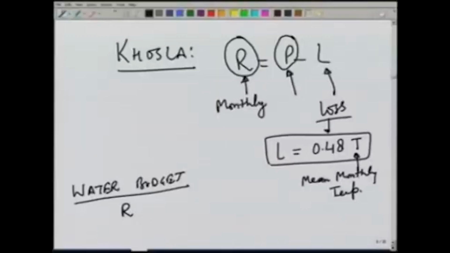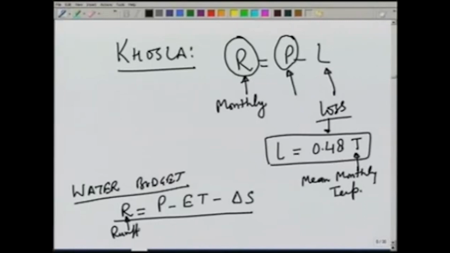The equation which is used in water budget models is this, which is a simple mass balance equation saying that the runoff is nothing but precipitation minus the abstractions. The abstractions are evapotranspiration, and delta S is the change in soil moisture.